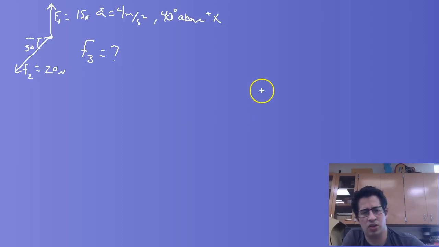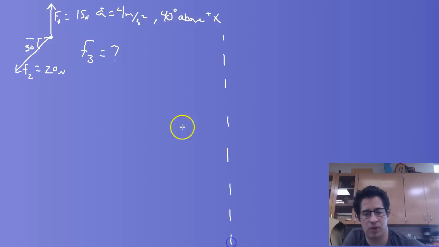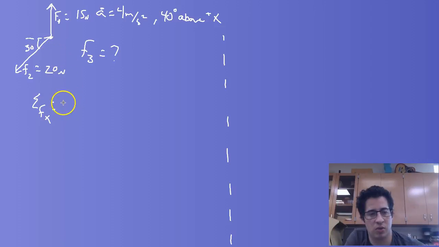Alright, and so to do this we need to do net force equations. We'll start with the net force for x. In this direction, let's just add the forces. So we know that there's some component of F3. We know that F1 is acting entirely up and down, so that will have 0 force acting this way.